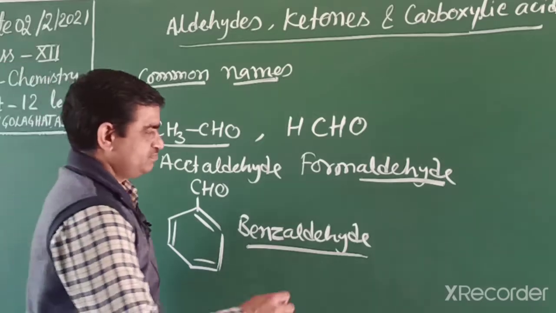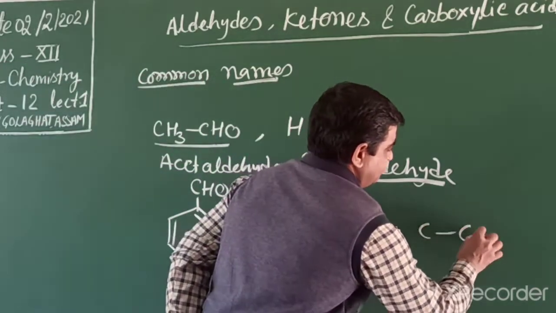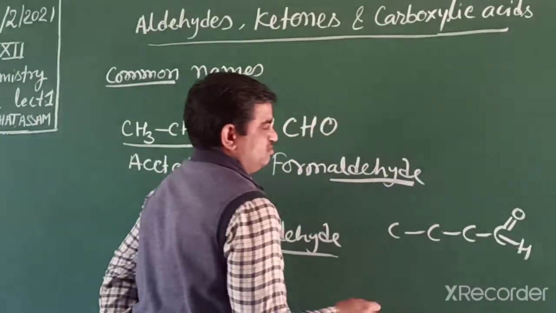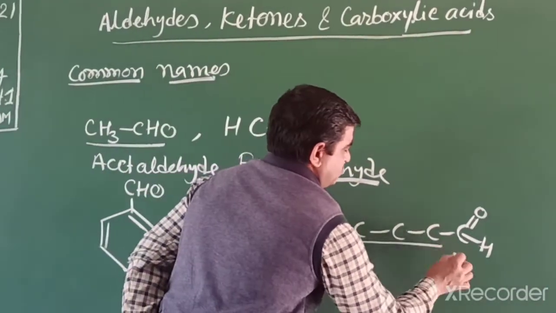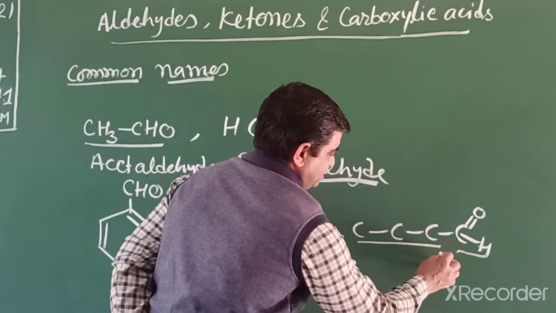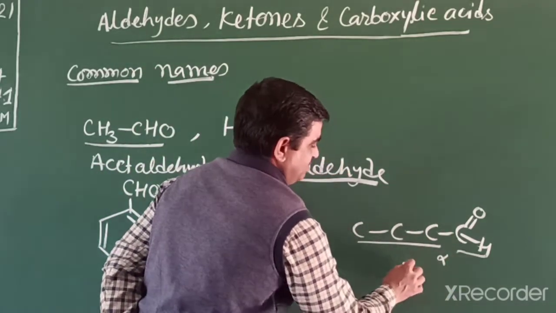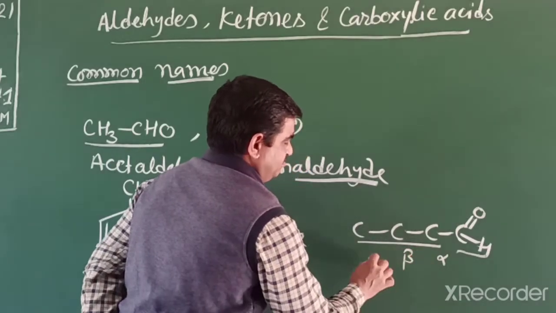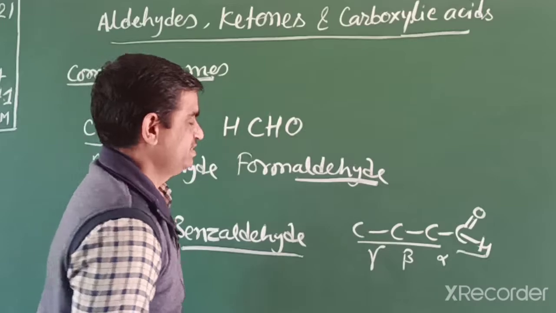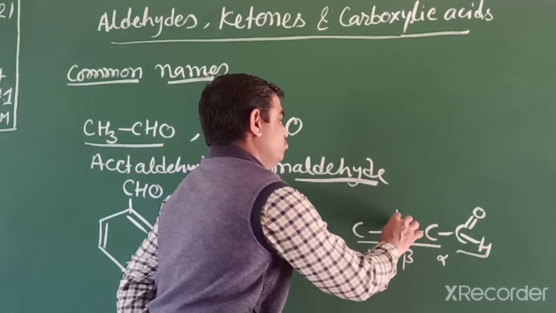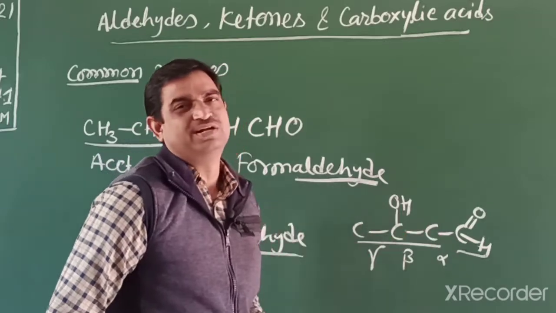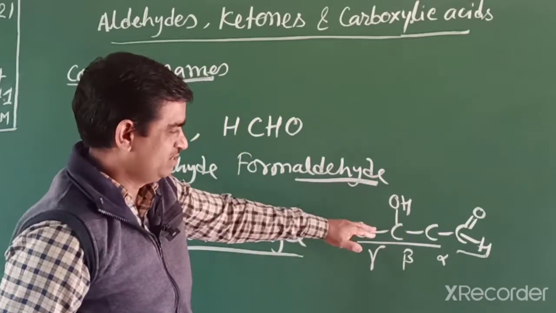You can also write alpha, beta: the carbon next to the attached functional group is the alpha carbon, then beta, gamma, delta, represented by Greek letters. If an OH is attached like this, then it is a beta-hydroxyaldehyde. The common name is given like this.